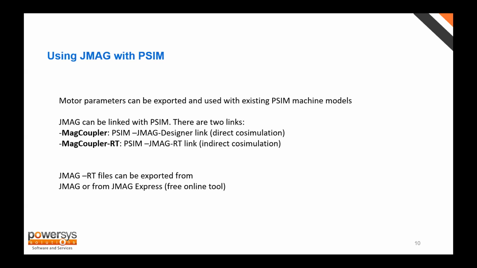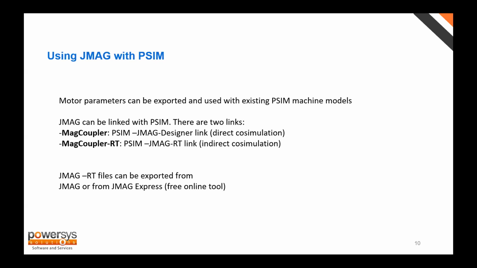It could be the first link, the ideal link with a linear motor in PSIM. You can extract basic components from JMAG like Rs, Ld, Lq, the back EMF, and some other parameters. You can use a linear motor from PSIM and put the parameters inside it. And then you can make your simulation.